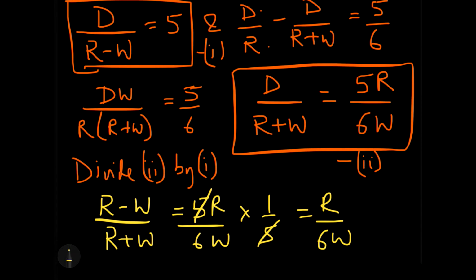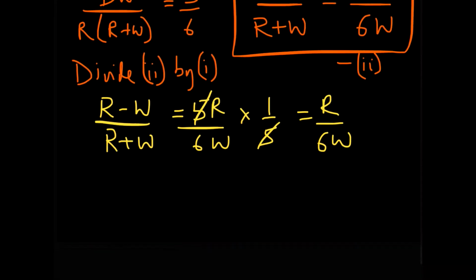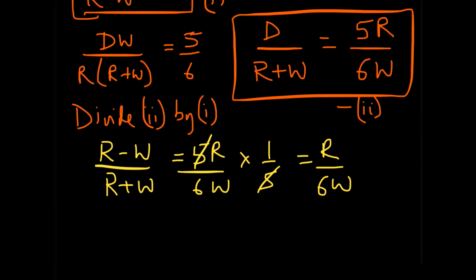Now this, when simplified further, will give rise to a quadratic equation. So what I'll be doing is, I will be simplifying it further and getting the quadratic equation. The quadratic equation will come out to be r square minus 5wr plus 6w square.